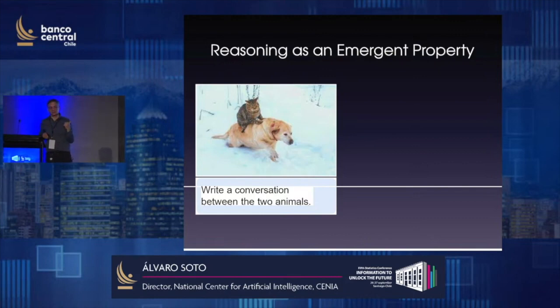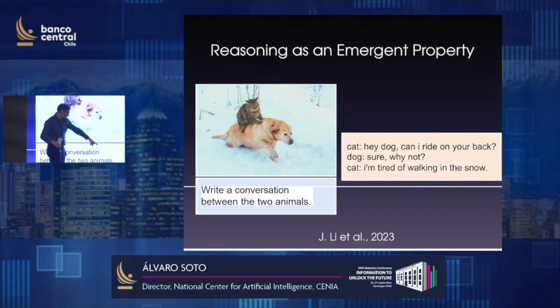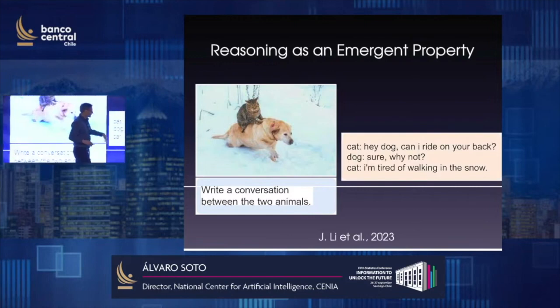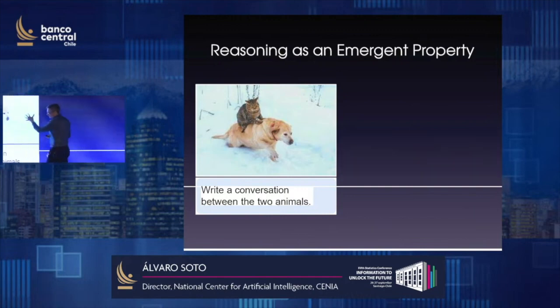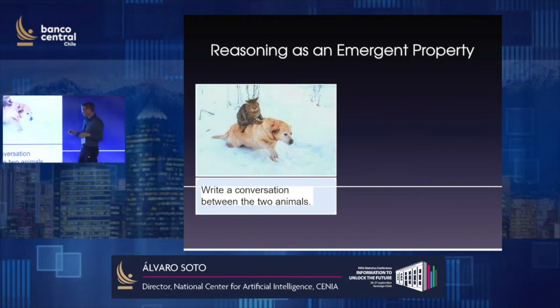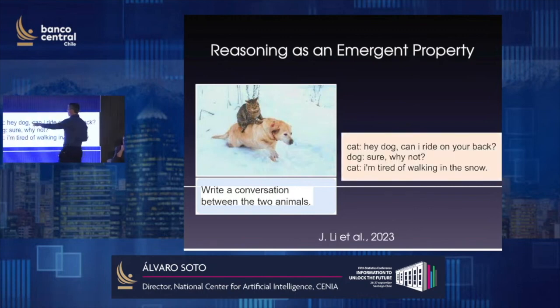This is very recent, just this year. This is the text that the model output. It said: cat, dog, cat. Well, good, no? Nothing here said explicitly that in the image there is a cat and a dog, so that's good. And the cat asked, hey dog, can I ride on your back?